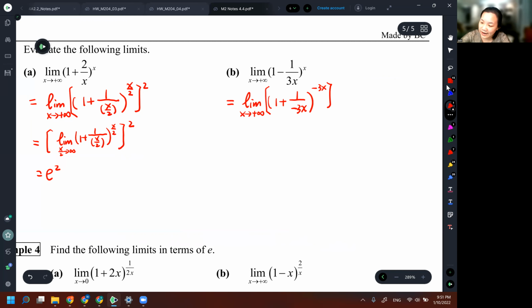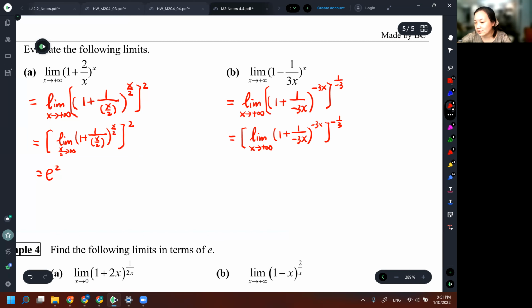But you will have 1 over negative 3 like that. So they're still equal. Then you put the limit inside, and you have (1 + 1/(-x)) to the power negative 3x, and then negative 1 over 3.